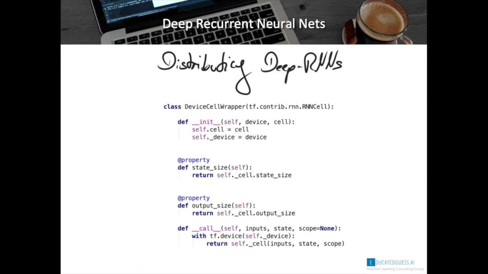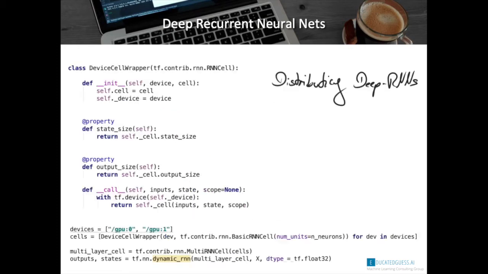This is the very convenient part. Our cell wrapper takes as input the device and the cell, the device being the GPU and the cell being our particular cell definition. What is interesting is the call function, which uses any free device and then actually runs the cell, computing the output values of the cell.